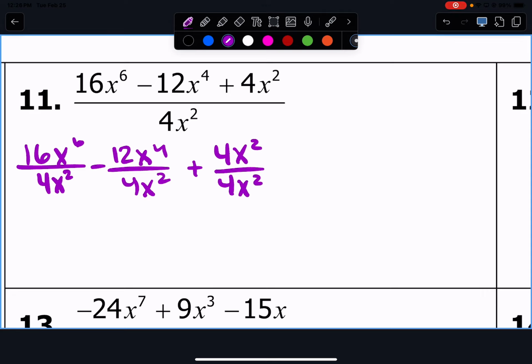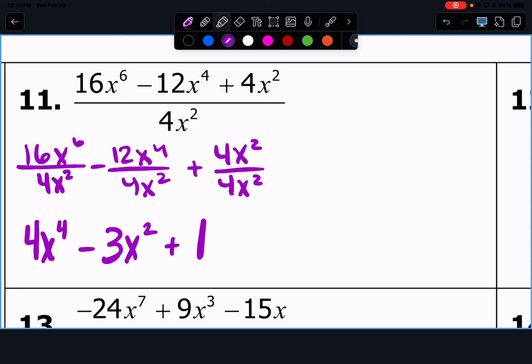What is 16x to the 6th divided by 4x squared? What is 16 divided by 4? And then we're going to get x to the 4th. Negative 12 divided by 4. x to the 4th divided by x squared. 4x squared divided by 4x squared. That's our answer.